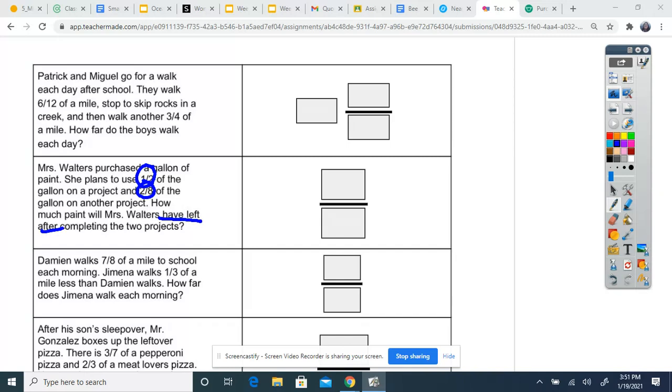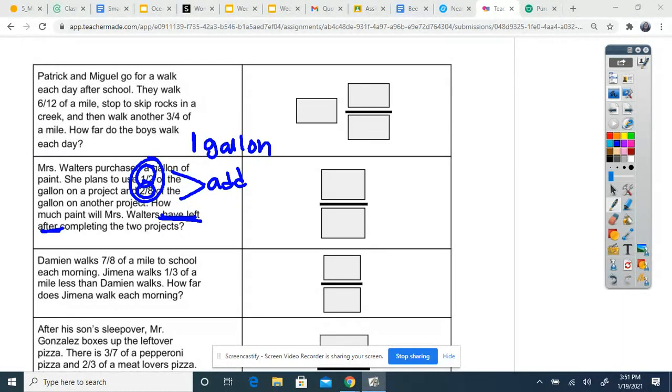So first we need to figure out how much paint she used on both projects. We need to find the sum there. So we need to add those 2. And then we need to figure out how much she had left. So at first, she started off with 1 gallon. So we need to find the total of these and subtract it from 1 gallon.